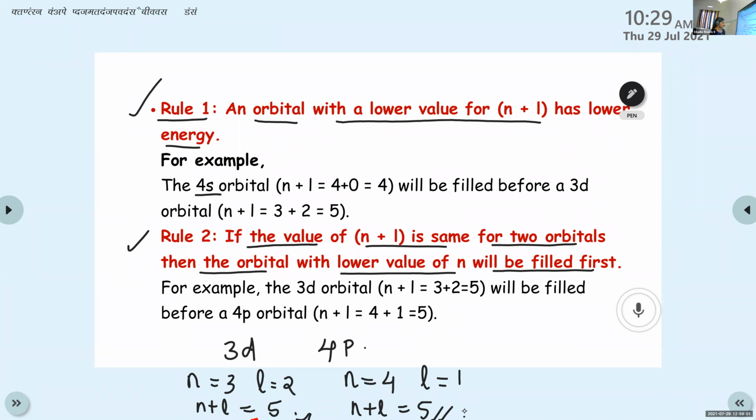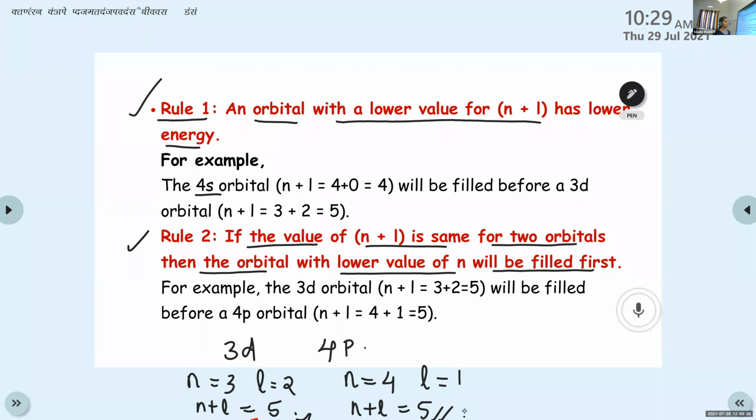So here the value of n plus L is the same for 3D and 4p. In this case, we are considering the value of n. That means the lower value of n will be filled first. Comparing 3D and 4p, 3D has the lower value of n, which is 3. So we will fill 3D, then we are moving to 4p.